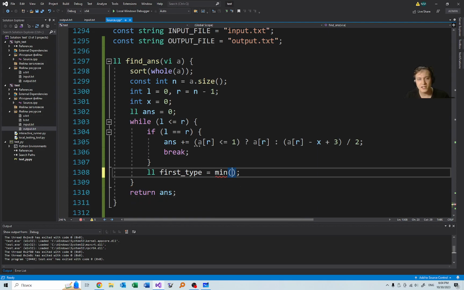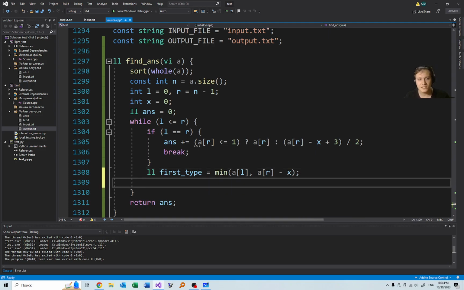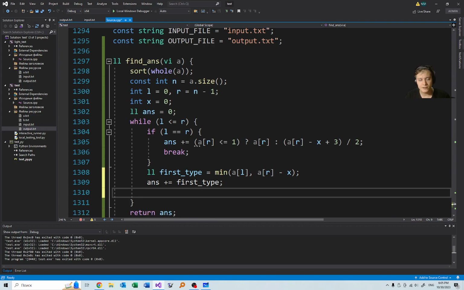We can either take the whole AL, or we can take AR minus X. So let's do this number of operations. We add them to ans, and we subtract it from AL.